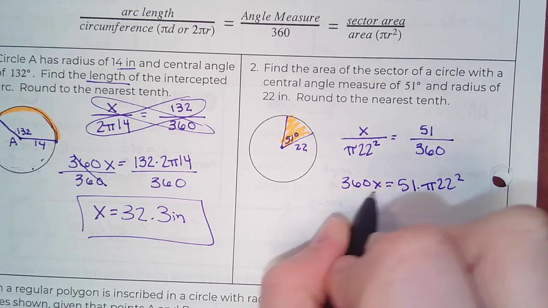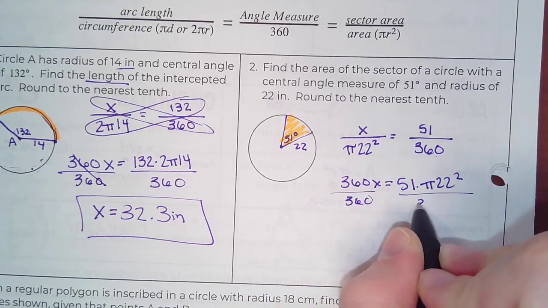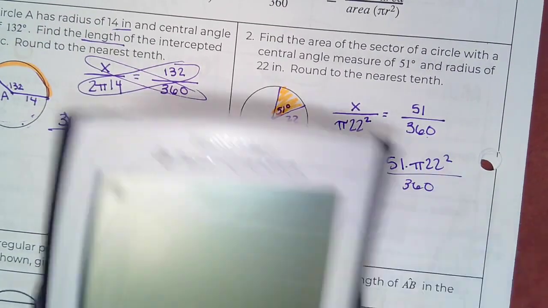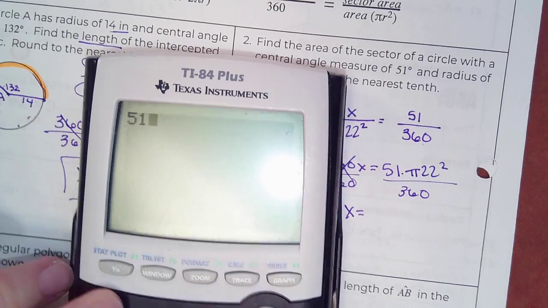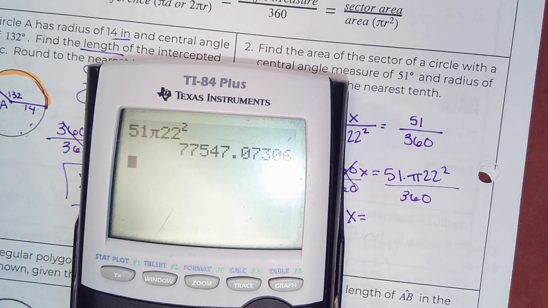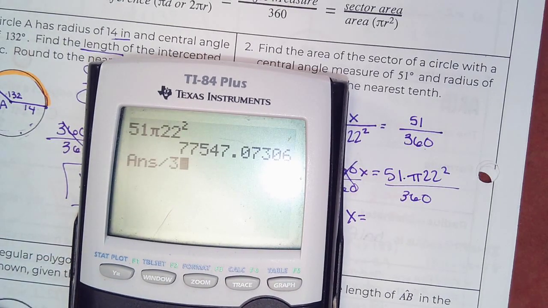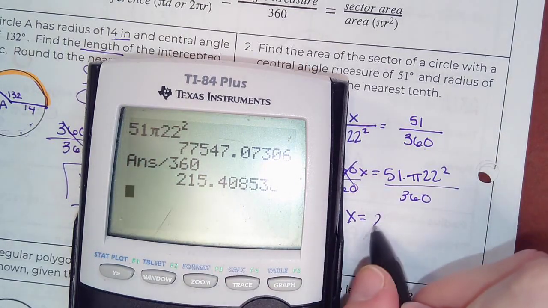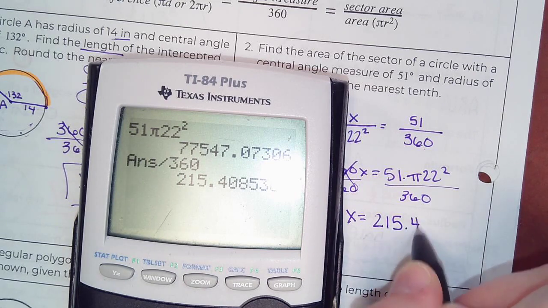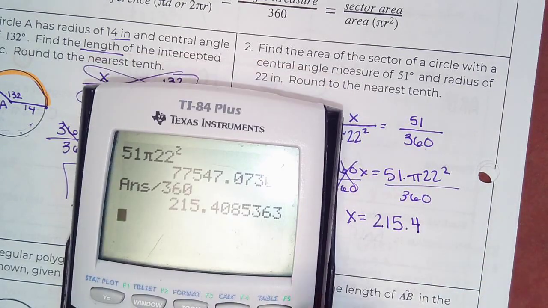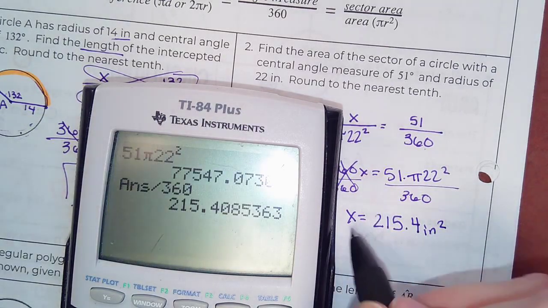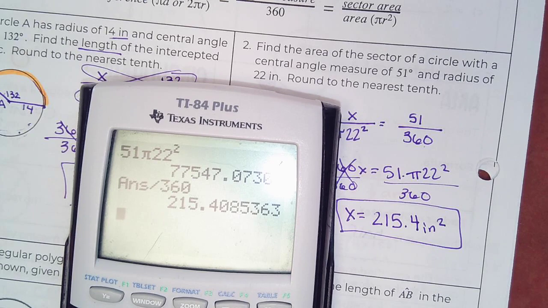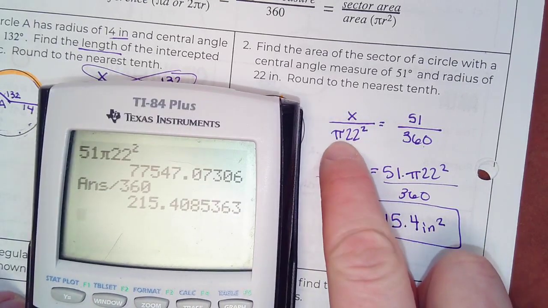Divide by 360. So x equals, plugging it in, 51 pi 22 squared divide by 360. 215.4. And we're dealing with inches squared. So if you want to see if that's realistic, you could find the entire area.